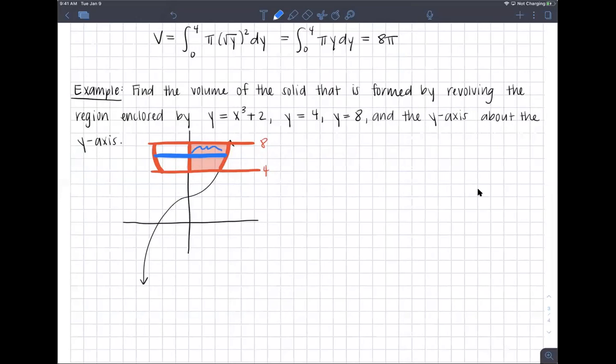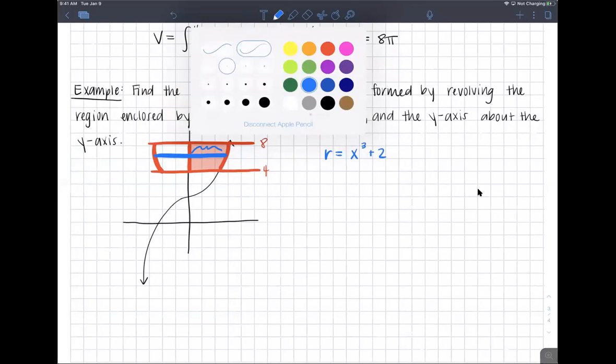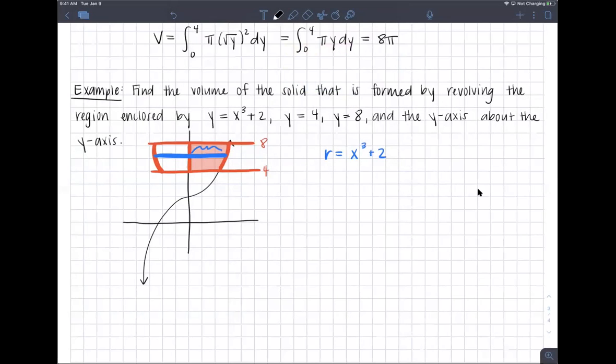And this is given by, again, just this function, so x cubed plus 2, right? So R here is equal to x cubed plus 2. And then remember, actually no, it's not x cubed plus 2 because we're integrating with respect to y. And so you need to solve this for x.